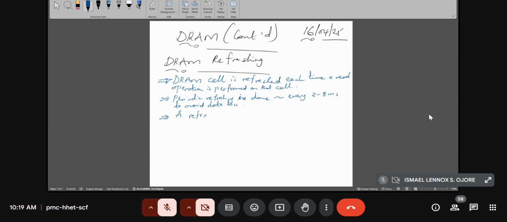And to achieve the refreshing, a refresh control logic is necessary.